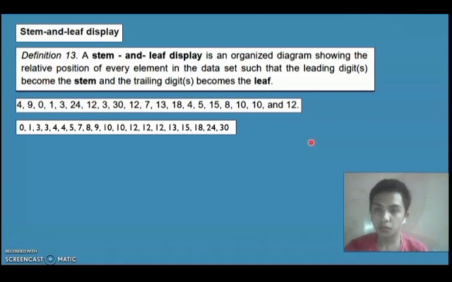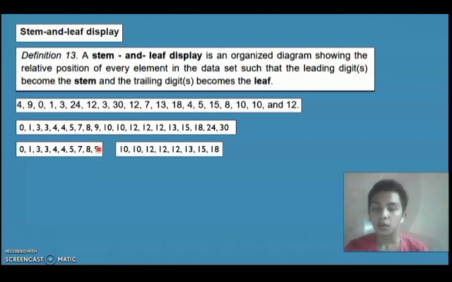Let's arrange them and separate the single digits with a leading digit of 0, meaning 0, 0, 0, 1, 0, 3, 0, 3, 0, 4, 0, 4. And separate also those that have the leading digit of 1, and those with leading digits of 2 and 3.